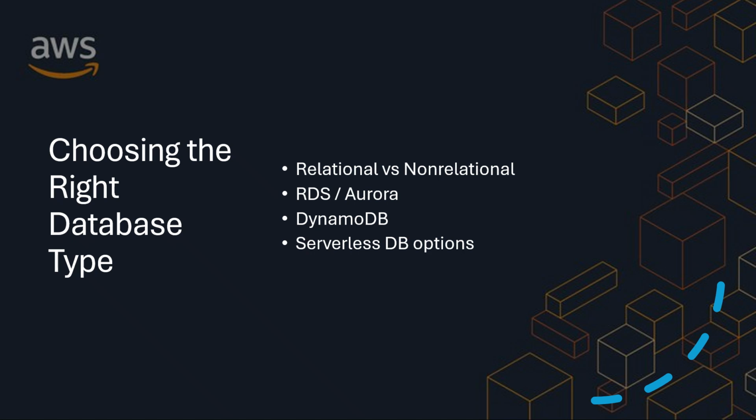One of the biggest opportunities for cost optimization is selecting the right database type. If your workload doesn't require complex joins, transactions, or relational consistency, using a fully relational database may be overkill. For flexible, high volume key value workloads, DynamoDB is often far cheaper and more scalable.